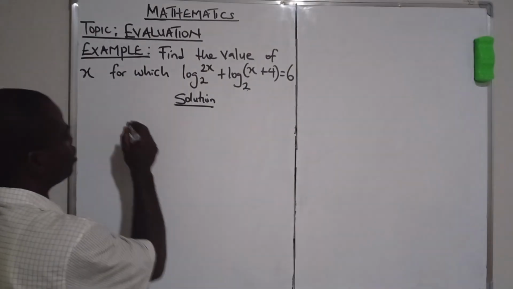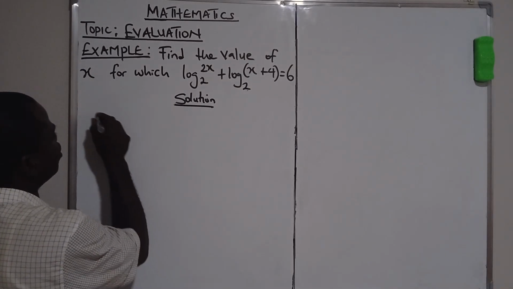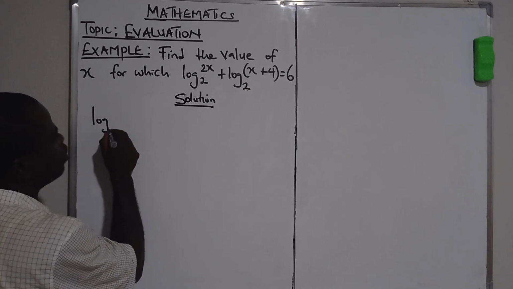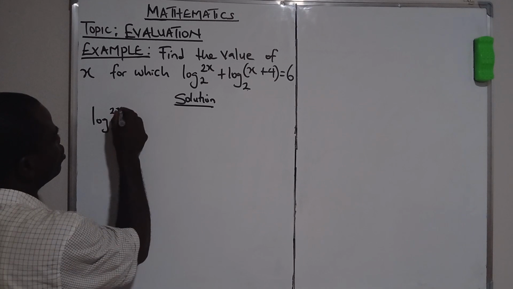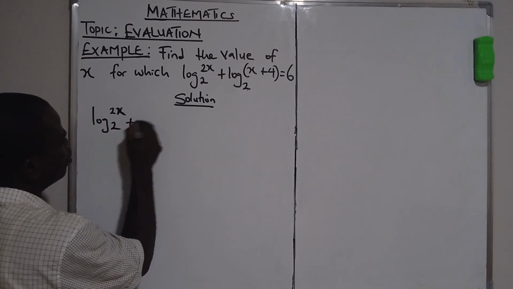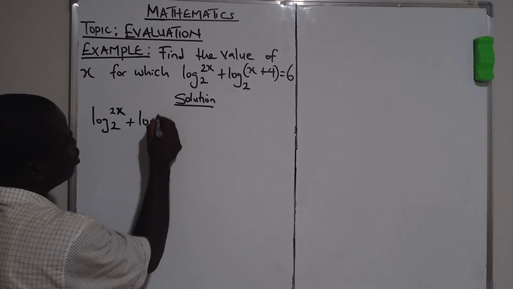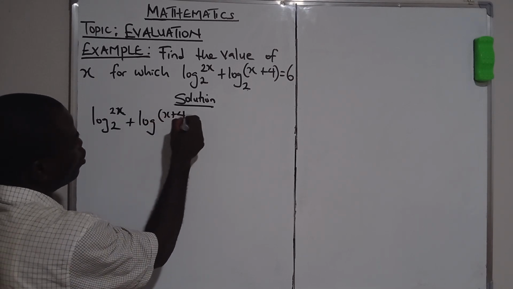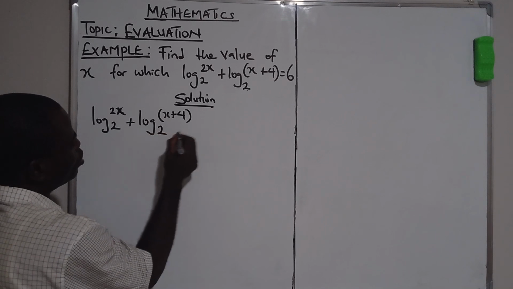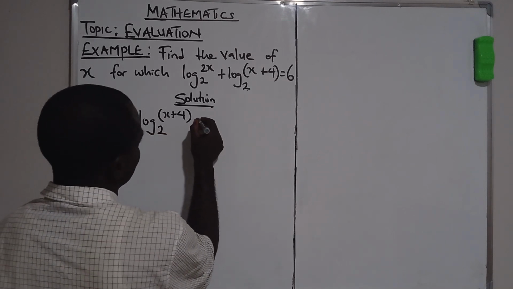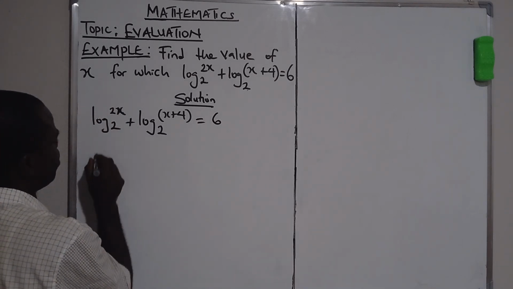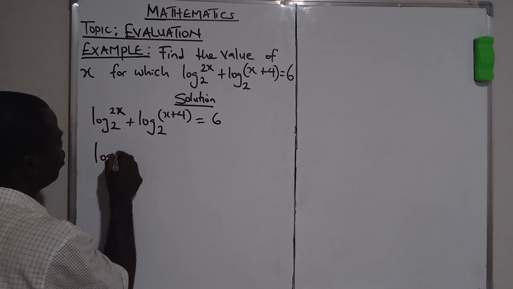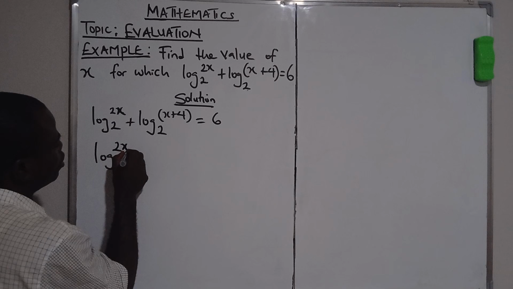Okay, what I'm trying to say is this: log 2x base 2 plus log x plus 4 base 2 equals 6 can be written as log 2x.